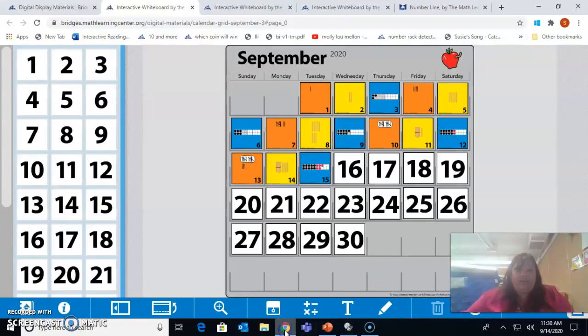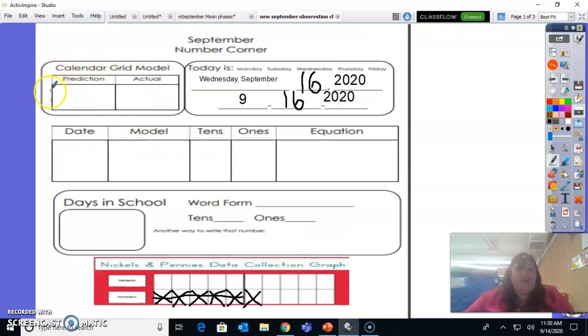I'm going to show you our calendar grid. We had tally popsicle dots, right? Tally popsicle dots. What is your prediction? What do you think today is going to be? Start filling it out right here. Make your prediction.